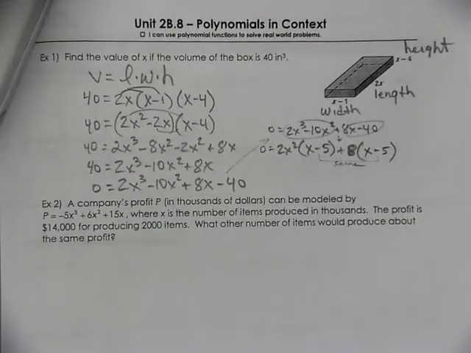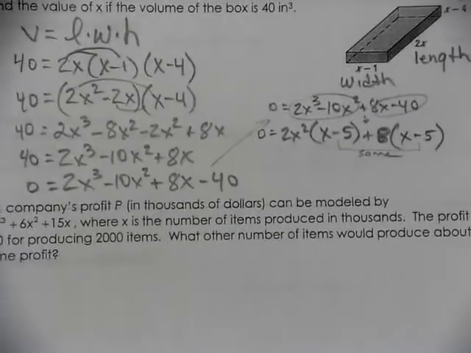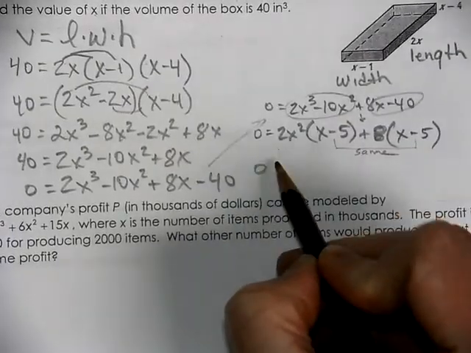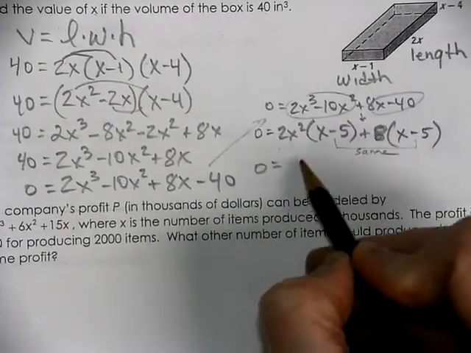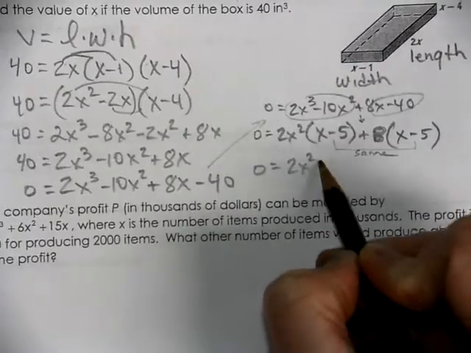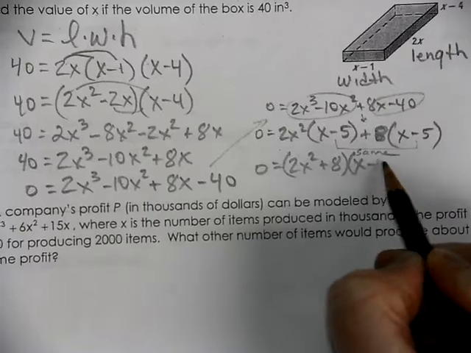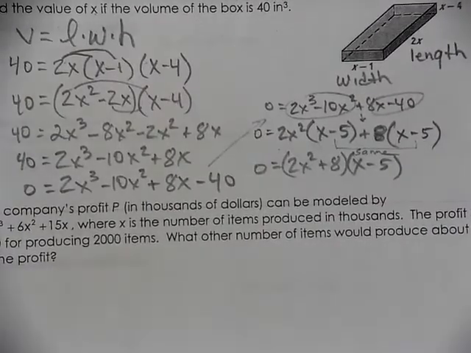If they weren't the same, then you couldn't use factor by grouping. So we can write these as our two factors, 2x squared plus 8 and x minus 5. We don't say x minus 5 squared, we just say x minus 5.